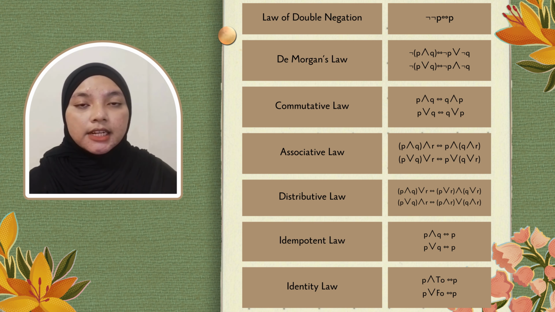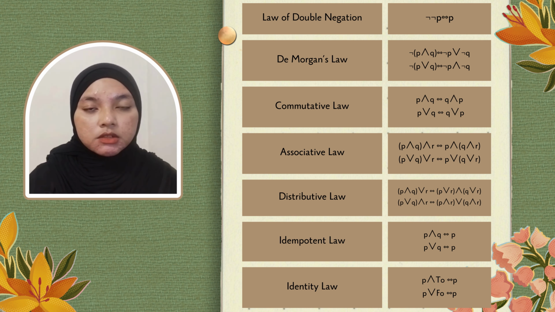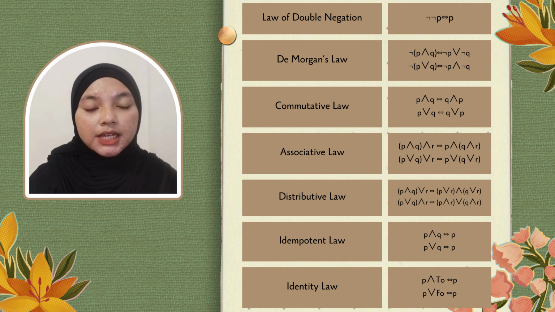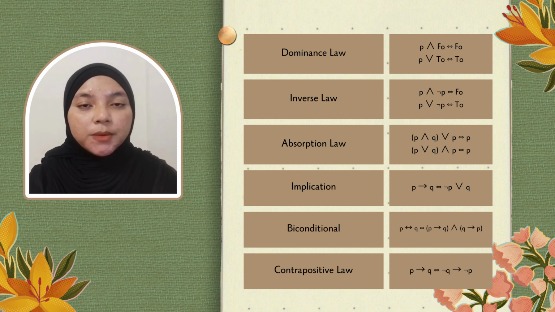Next is identity law. For example, if we see P and tautology, it will be equal to P, and P or contradiction also will equal to P. Next is dominance law.